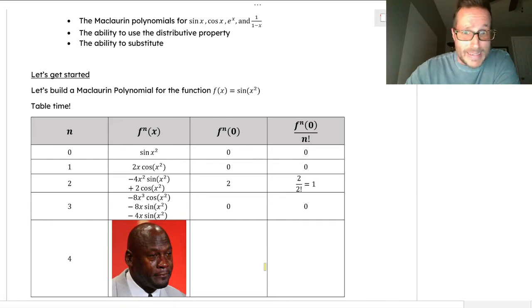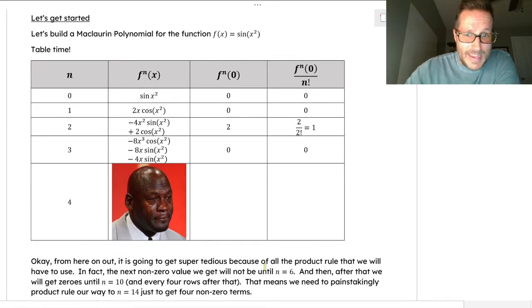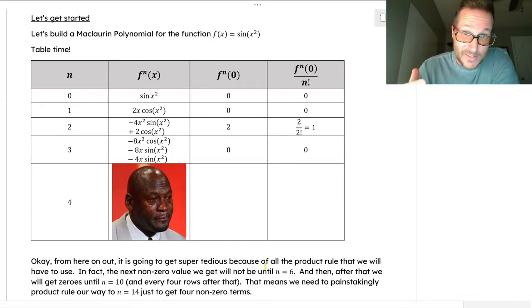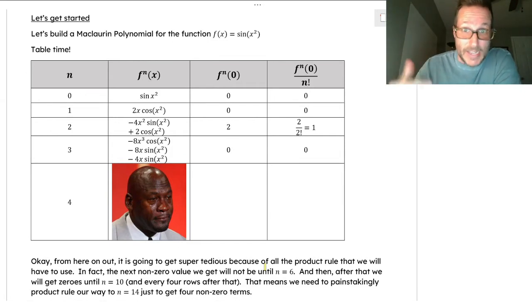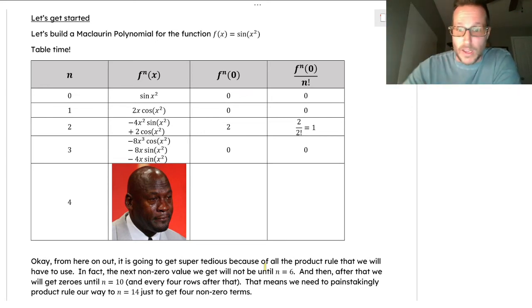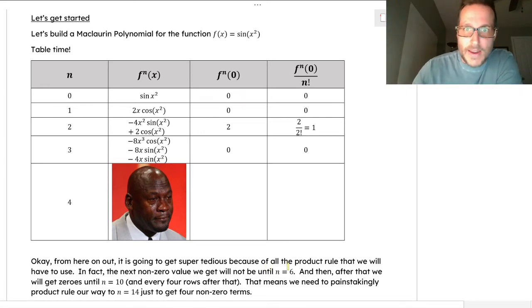I'm not optimistic. In fact, it's going to take until n equals 6 in order to get something that's not 0. Yeah, you're bailing, just like me. You're not taking the derivative of that thing. No way, unless you're just a glutton for punishment. And then after that, it's going to take until n equals 10, and then n equals 14.